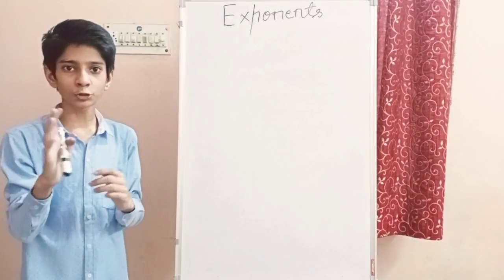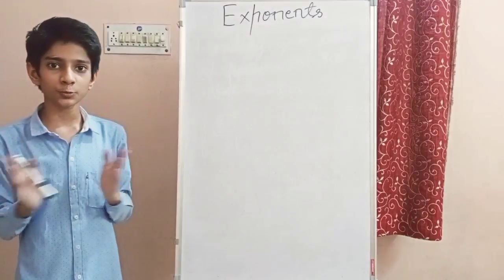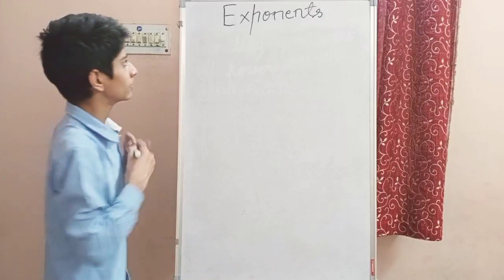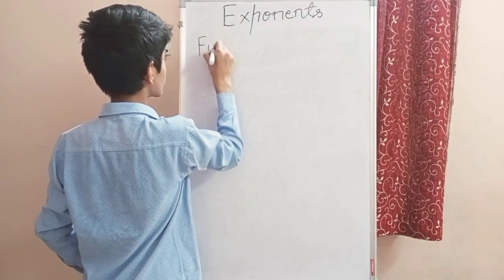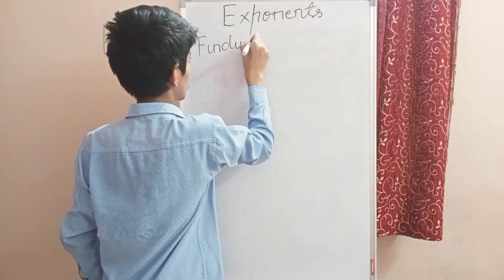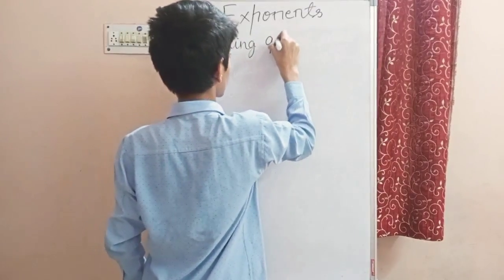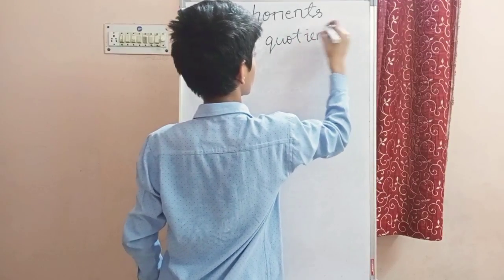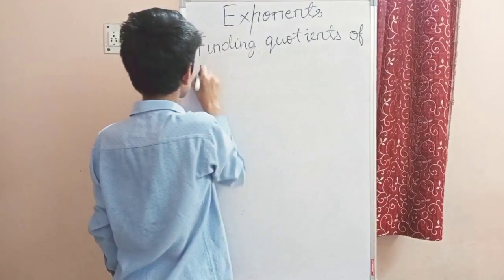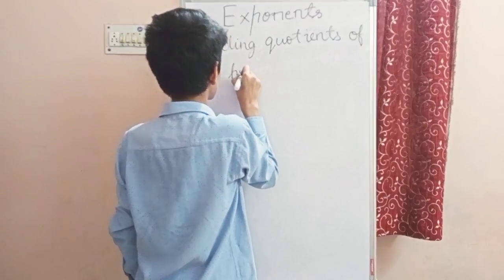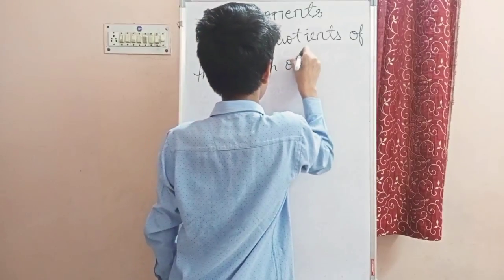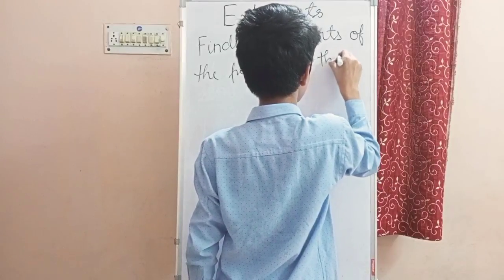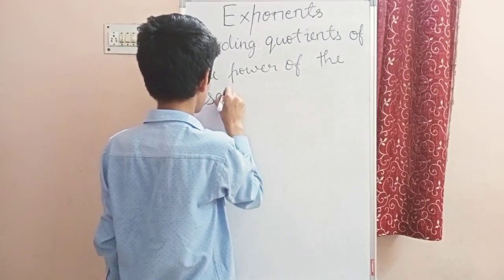Now we will learn the fourth rule of exponent. So what does the fourth rule of exponent say? Finding quotients of power of the same number.